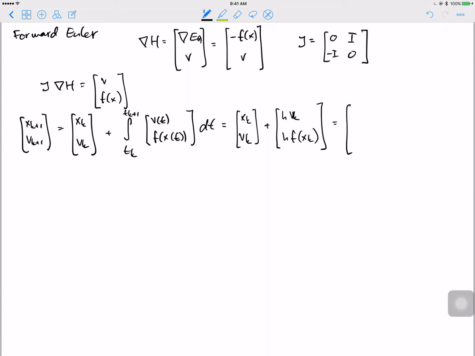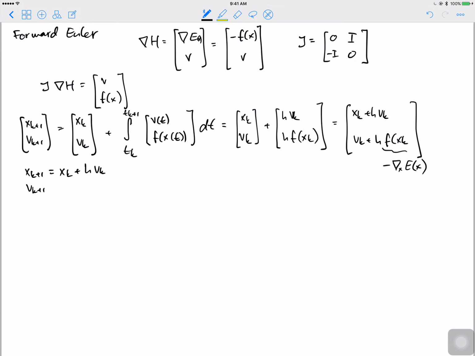And of course, if I add it together, then it's x_k plus h v_k, and this is v_k plus h f of x_k. If you want, you can also write it as minus the gradient of the potential. It's exactly the same thing. So if I put it together, you get the usual forward Euler integration rules, which look exactly like this.